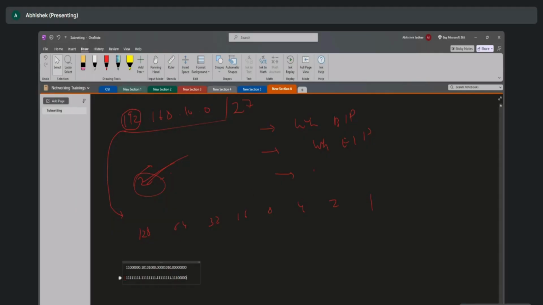What does this value indicate? It tells us that we are borrowing 3 bits from this particular IP address in order to create networks. That indicates that in this binary, these 3 bits are occupied by the network.